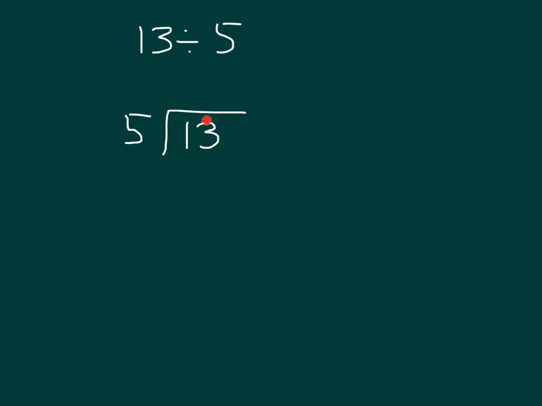However, if we regroup it so that we have 13 ones that can be divided, 5 goes in 2 whole times. 2 times 5 is 10. 13 minus 10 is 3. Now, if I could divide that 3, I would divide it into 5 parts. So that 13 divided by 5 is equal to 2 and 3/5.